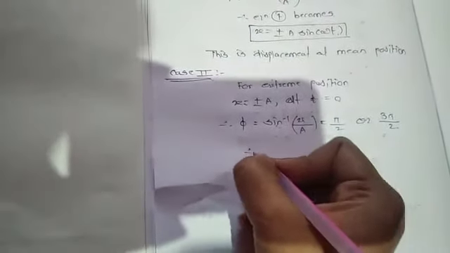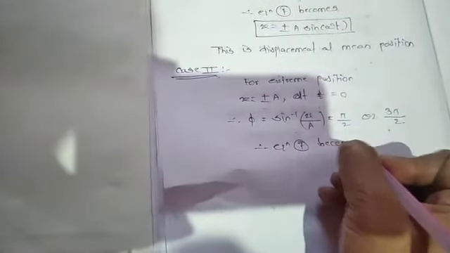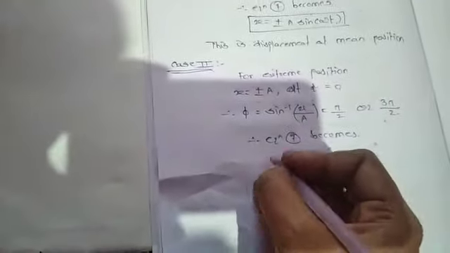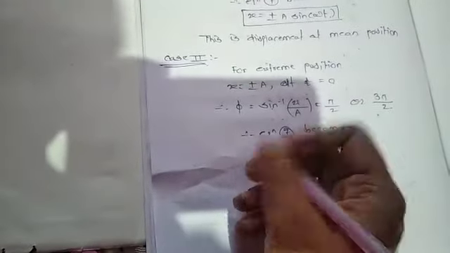Therefore equation 7 becomes, we'll put this value of phi in equation number 7. This is equation number 7.